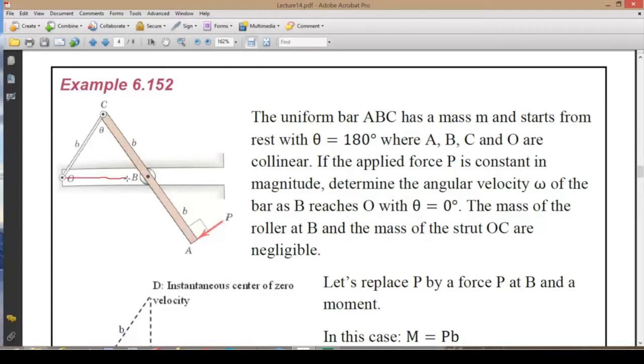So there's our crank, then coupler at point B, and then point A, and here we have our force P applied to this linkage, initial condition. In the initial condition, theta is equal to 180 degrees, this is the theta angle between the crank and the coupler.